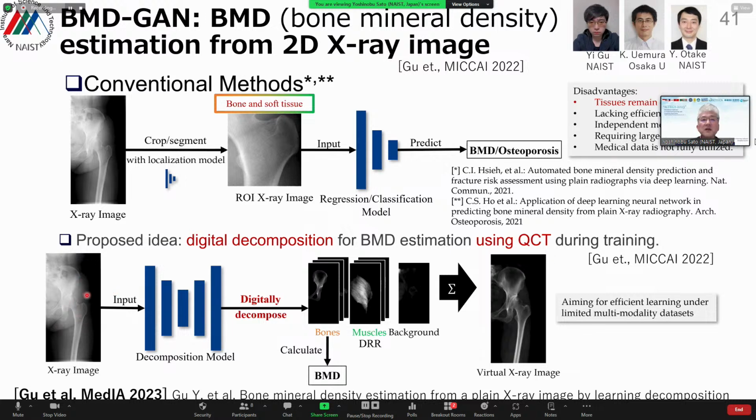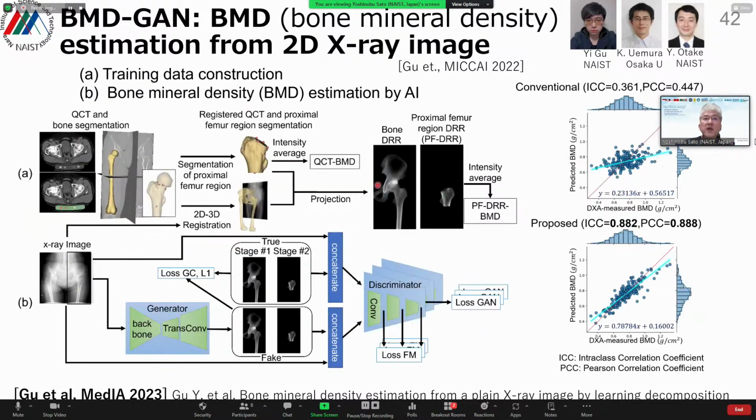From X-ray images, we first decompose each muscle and bone image, and then we use the separated bone images to calculate bone mineral density from only X-ray images. Our method shows high correlation between the DEXA-measured bone mineral density and our predicted bone mineral density from plain X-ray images.